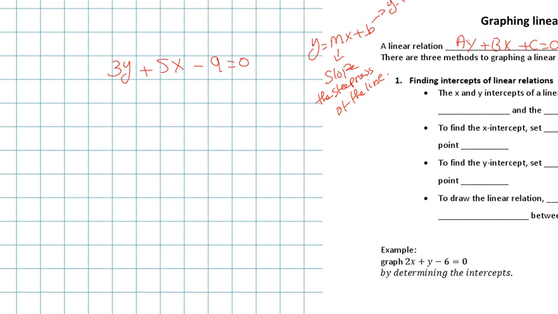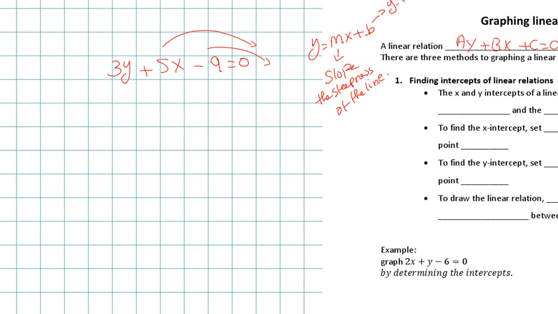If I want to put it in the y equals mx plus b format, what do I have to do? I just want y on one side, by itself, and everything else on the other side. So leave y on this side, move everything else to the other side.